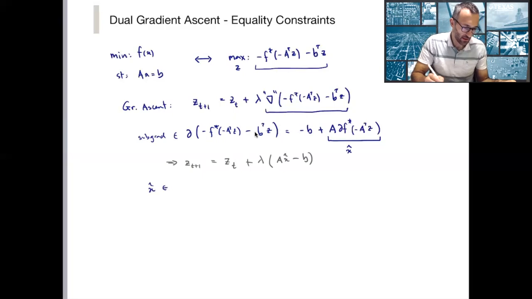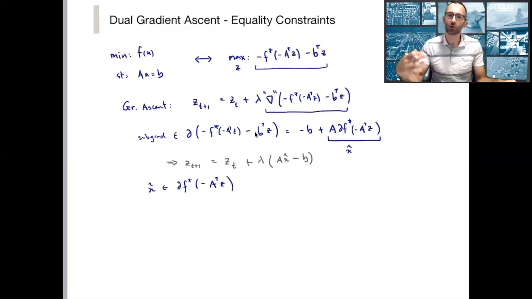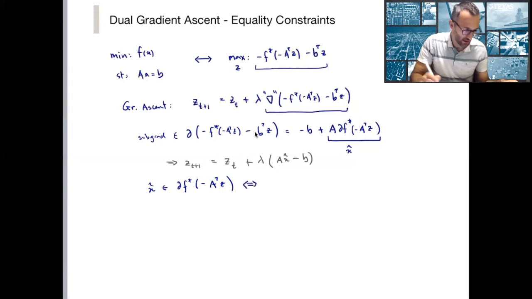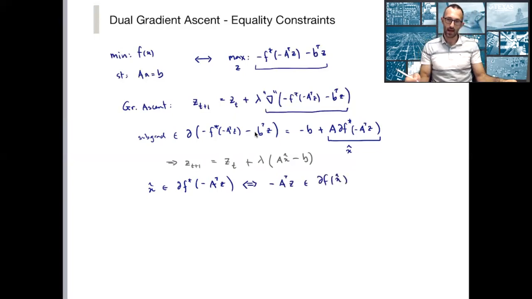So x hat is an element of the subdifferential of f star of minus A transpose z. And now all our work on properties of the convex conjugate, the Fenchel dual, is exactly what we're going to be exploiting throughout here. In particular, we showed that x hat is an element of the subdifferential of f star at minus A transpose z if and only if minus A transpose z is an element of the subdifferential of f, not f star, at x hat.